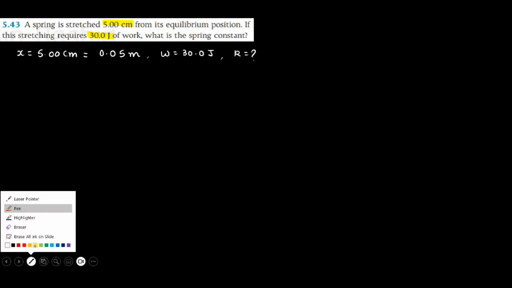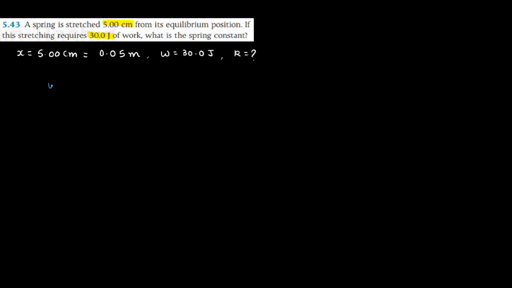So let's use the same rule. Work done equals half kx squared. This time we need to find k, so we will multiply by 2 on the other side and divide by x squared. So k will be 2W over x squared.